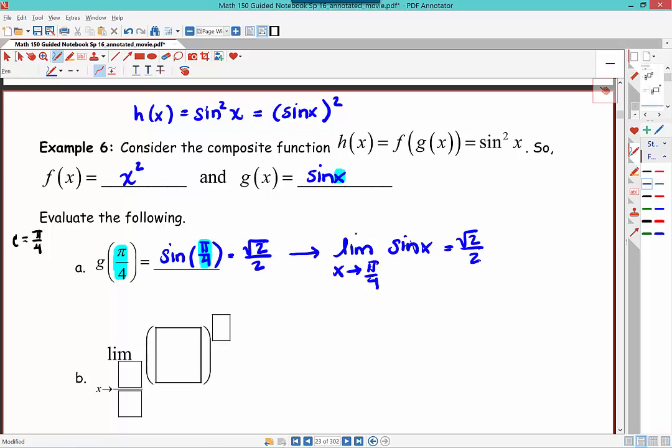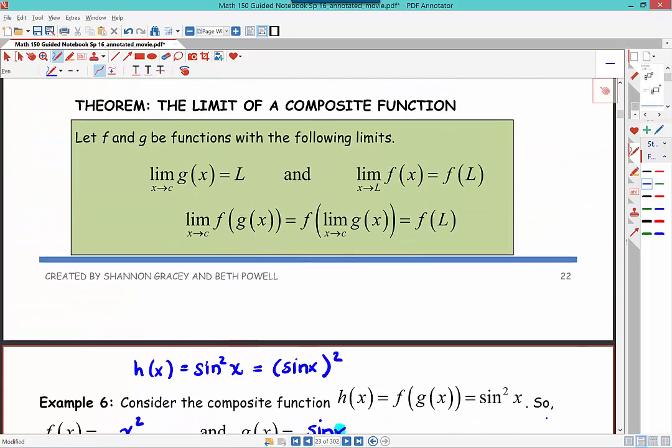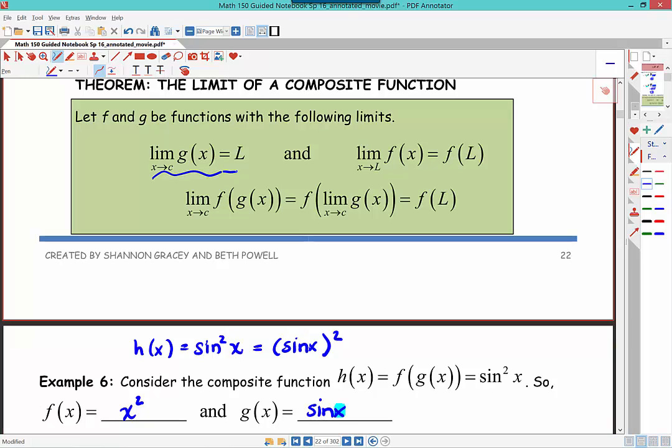Would you agree that that's equivalent? Awesome. All right. So this is like that very first part right here.